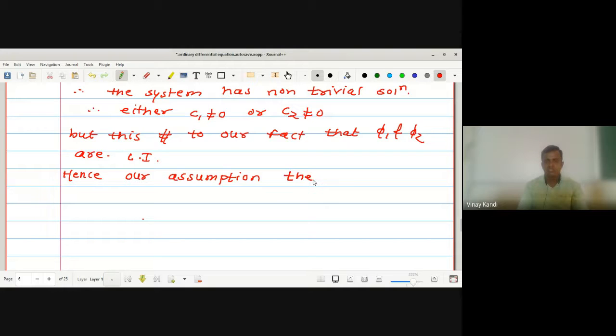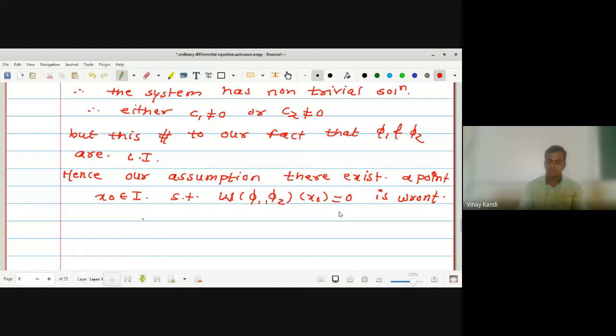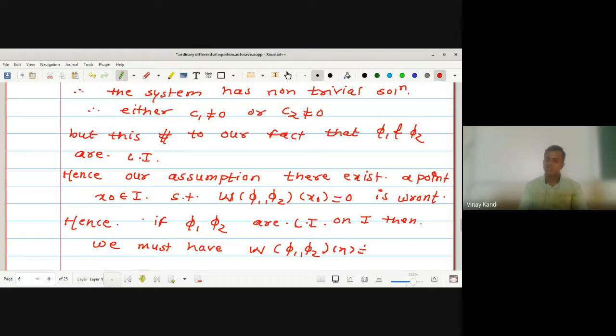There exists a point x naught belongs to I such that the Wronskian of phi1 and phi2 at point x naught is equal to 0 is wrong. ओके, हे कशामुळे येते तुम्हाला कॉन्ट्रडिक्शन? कारण की आपण हे असं असं गृहीत धरलंय म्हणून. Hence, if phi1 and phi2 are linearly independent on I, then we must have their Wronskian of phi1 and phi2 of x is not equal to 0 for all x belongs to I. Hence the proof of the theorem.